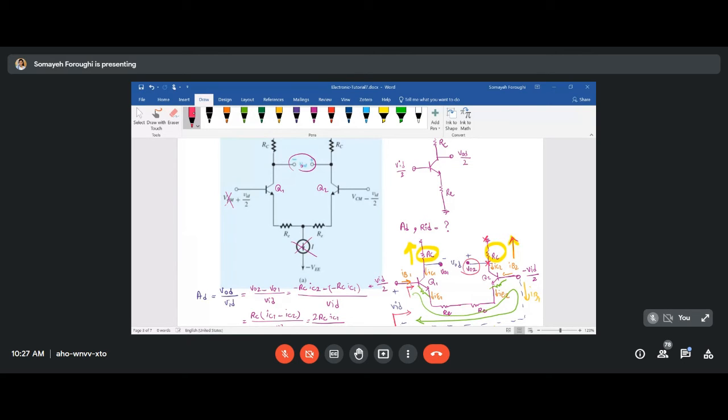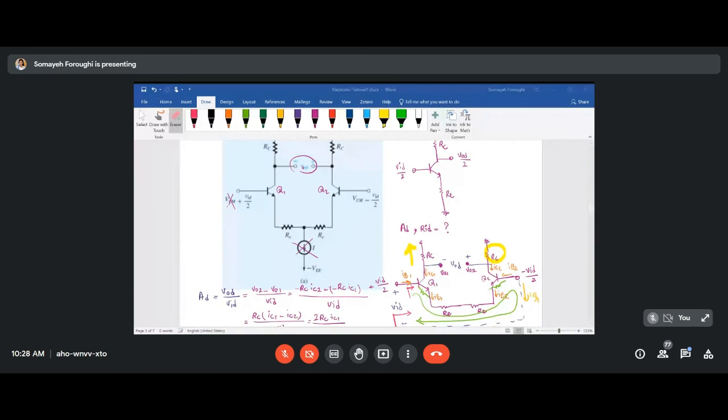So as you see, the current direction is going up. You get it? Okay. Since the initial direction was the other way around, yeah, initially it was flowing from VO2 to that. That's why we have negative RC times the IC2 direction, and that negative comes from the change from the direction of IC2 to what we already want here. Change from the direction, right? Yeah.